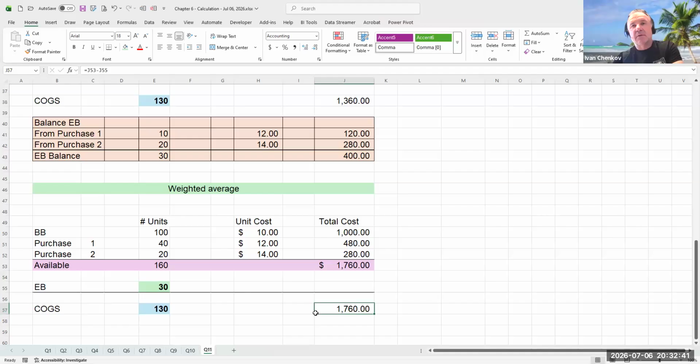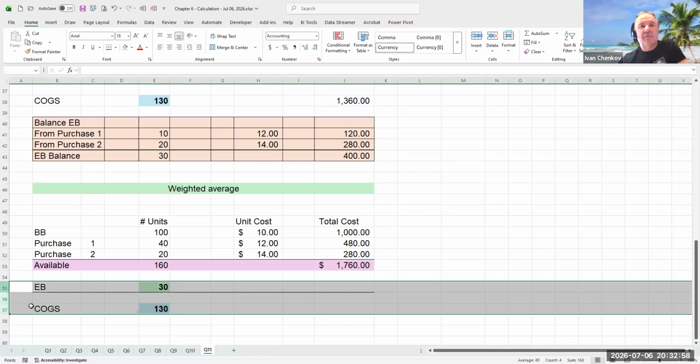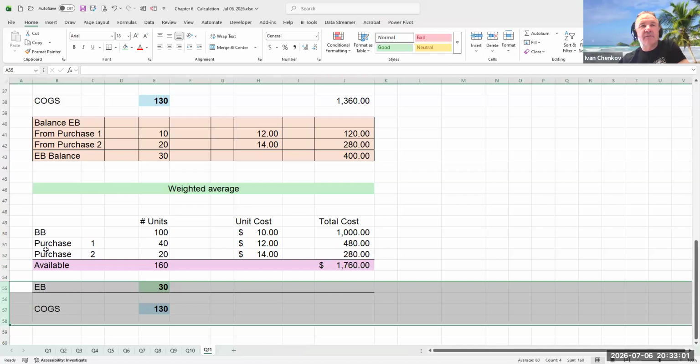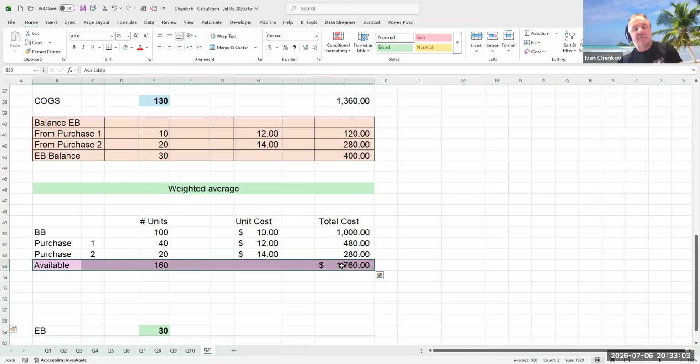Those numbers are irrelevant. So what I have available from units available, I have 160 and the total cost is 1,760. Once I know that, can you tell me what's my average price per unit?